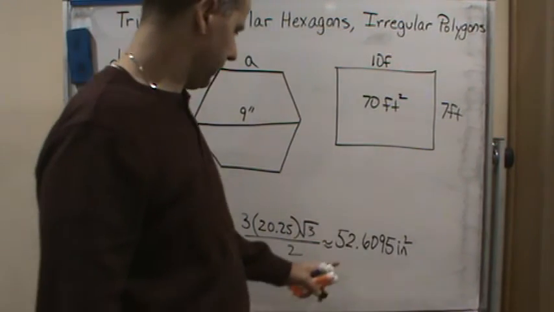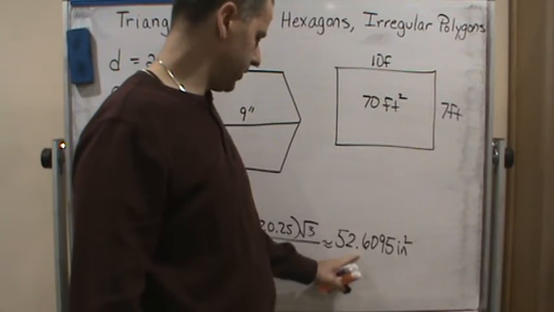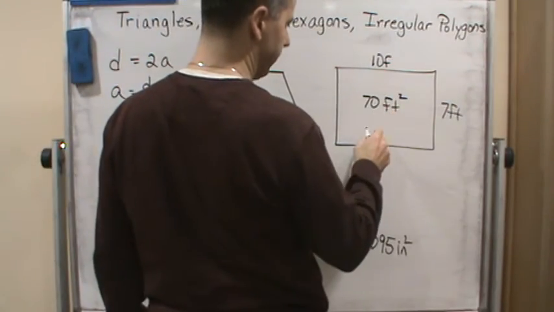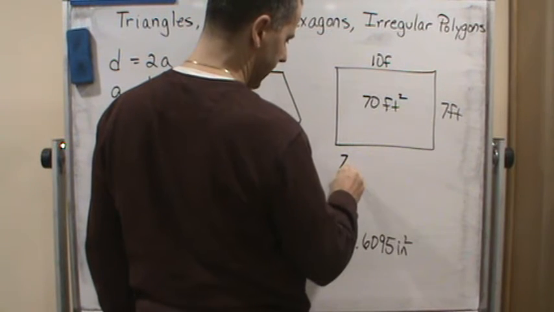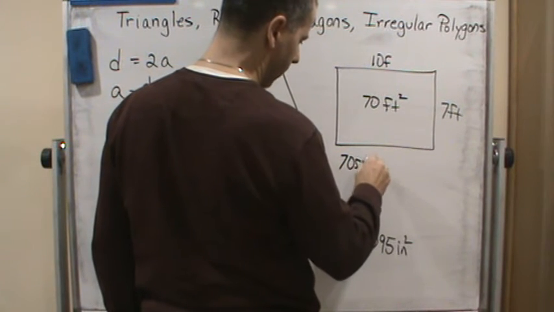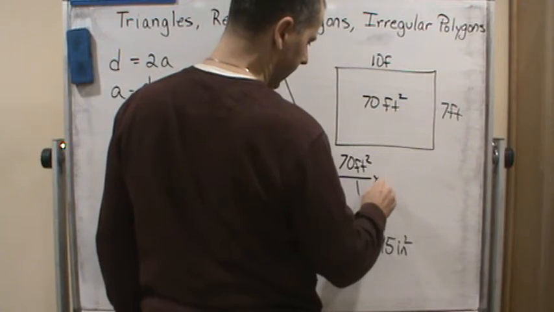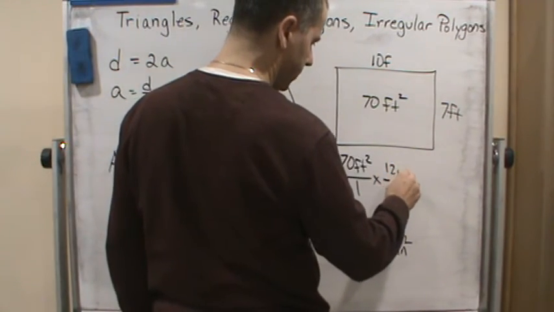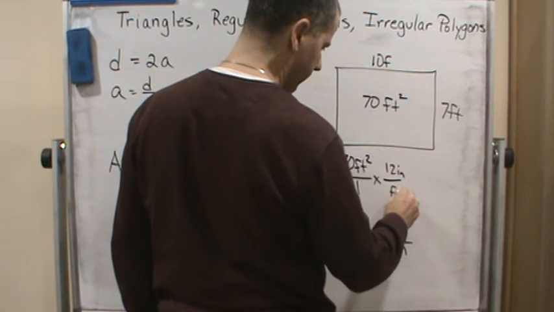Yeah, you know what? Let's do that because we've got an approximation here. This would be exact. So let's change this into square feet. So how do we do that? Well, we take our 70 square feet, right, over 1, and then how many inches in a foot? Well, there are 12 inches in 1 foot.